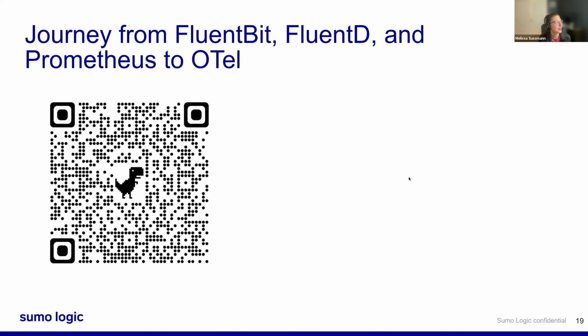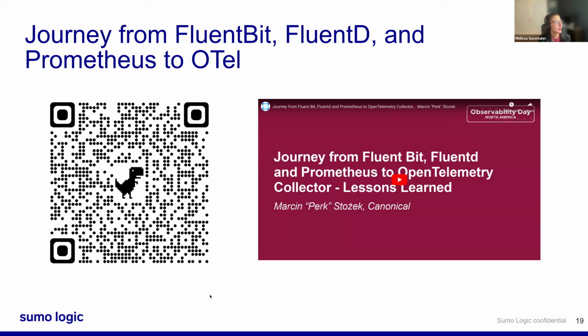So yeah, this is interesting. This was from Observability Day at KubeCon US. This was a recording from Perk, who used to work at Sumo, but now works at Canonical.